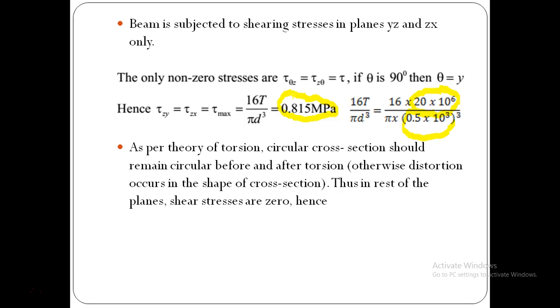So in rest of the plane, shear stresses are coming out to be 0. Hence, if we just check the shear stress in the plane of xy and yx, that will be coming out to be 0. So the final answer is 0, that is option number A.